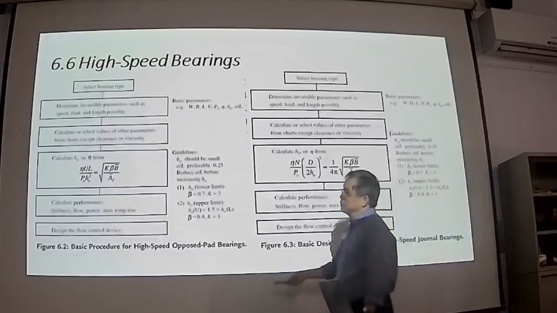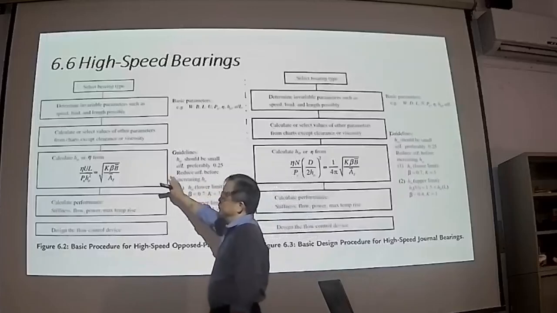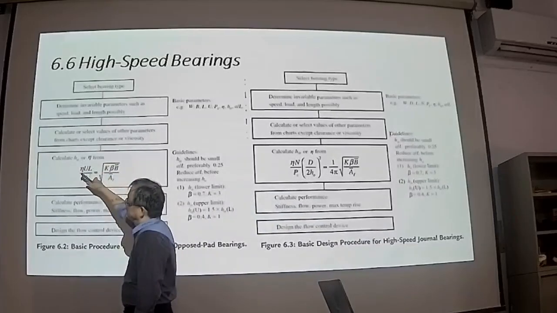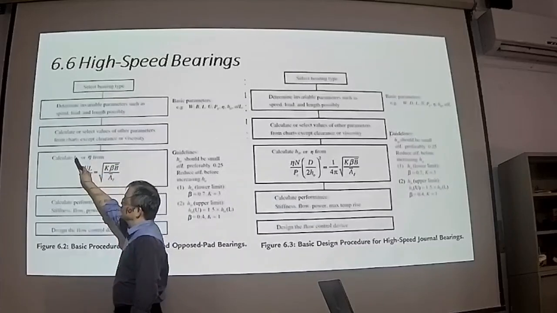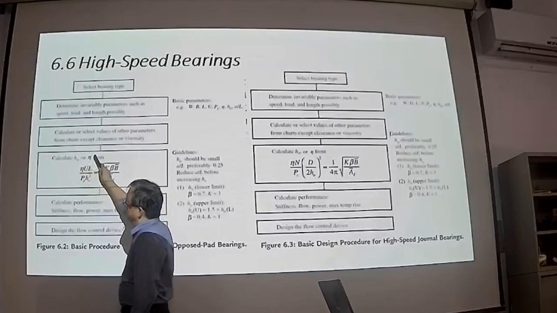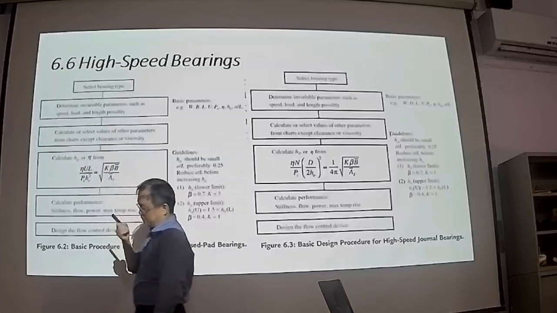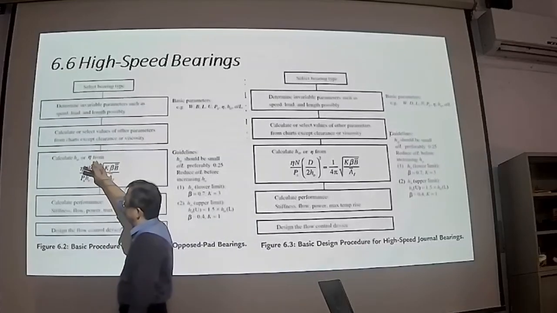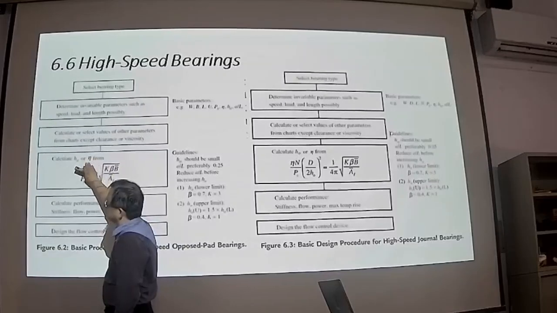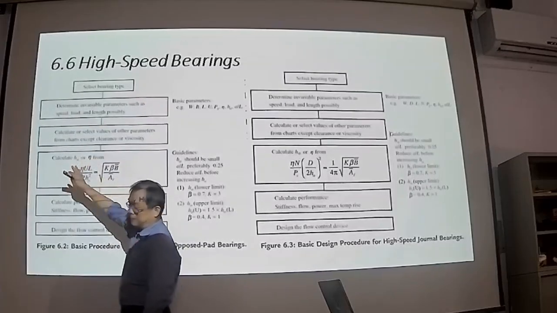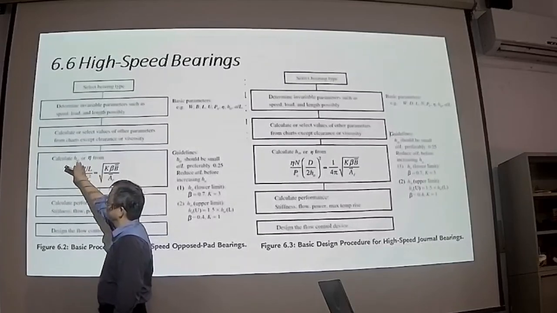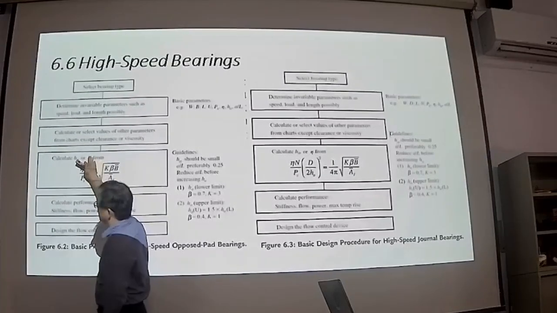So here you can use this equation to calculate either the film thickness or the viscosity of the lubricant. Okay? If you predefine the lubricant, then you can calculate the film thickness. Or if you predefine the film thickness, then you can calculate the lubricant.